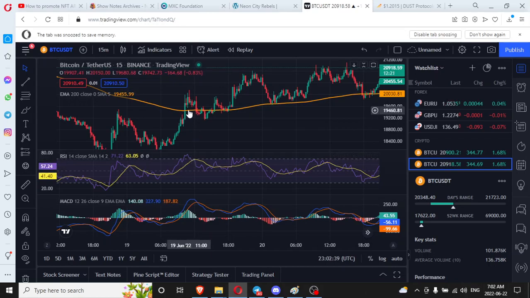So they artificially pump the candle. In this case, it went up a little bit and then fell back down. So this is what they did. They squeezed you. This is an artificial pump. They knew you were going to open a short here and they squeezed you. It's called a short squeeze because you open a short and they want to liquidate you. If you didn't set a stop loss, this candle would have gone up and liquidated all your funds.